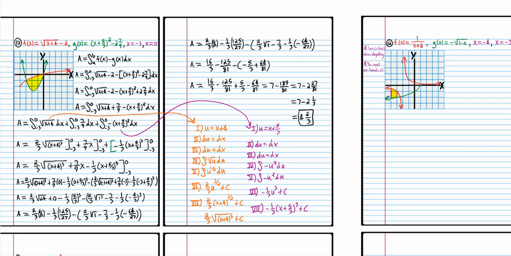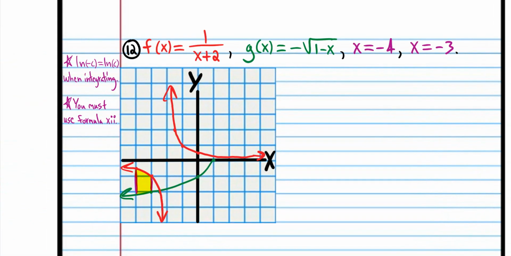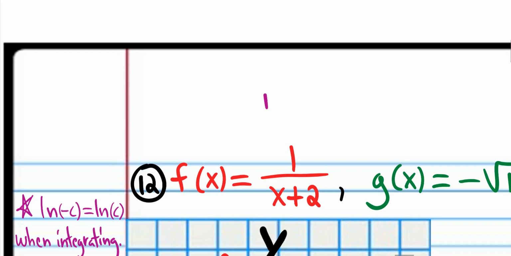So, and remember, if you come up with the natural log of a negative number in an integral, it's okay to just change that negative number to a positive number. Normally, when you have a negative number in a log, that's considered to be an undefined expression.